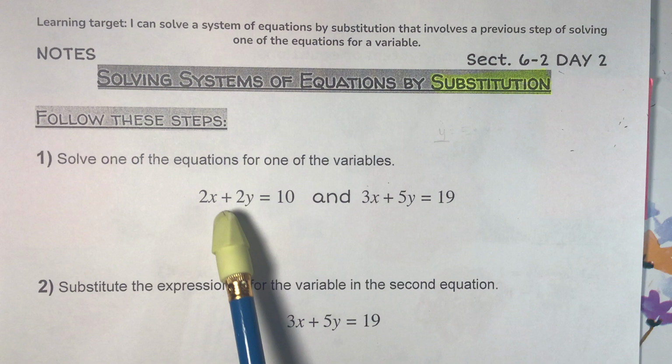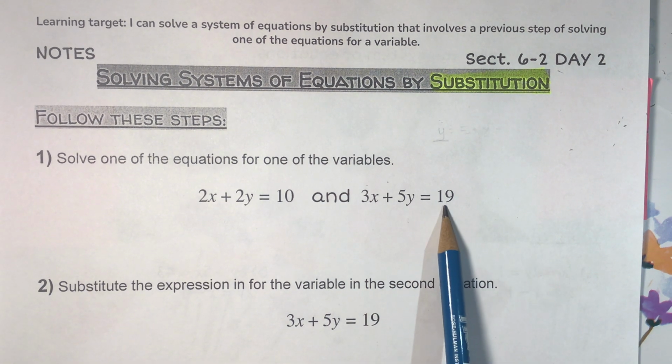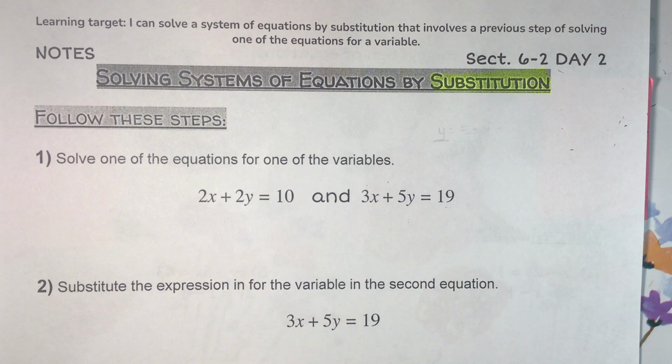So you want to look at your two equations and then just ask yourself which one is probably going to be easier to solve for a variable in. Some things that you can look for are the specific numbers. Notice how in this problem I have 19, which is a prime number. So I know that 19 does not divide evenly. It's not a very convenient number.